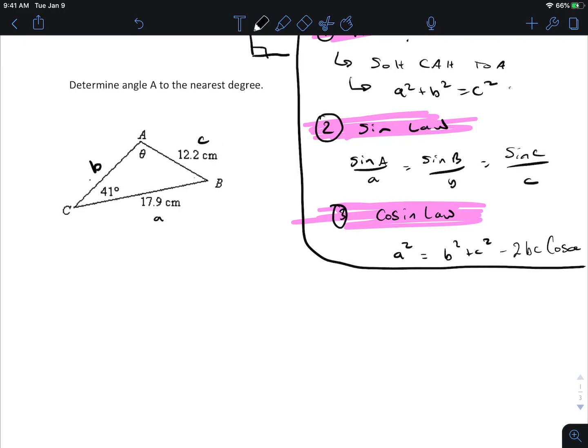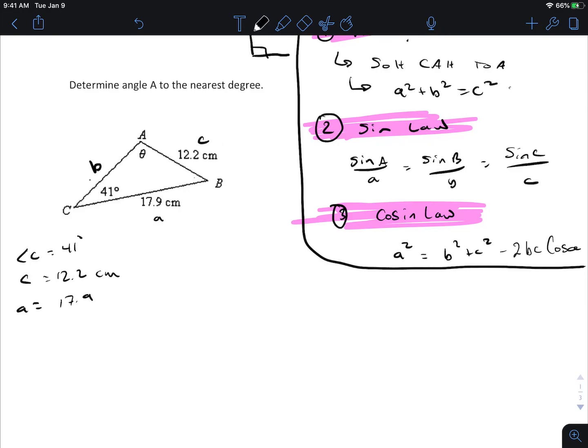I know angle C. It's equal to 41. I know side length C. It's equal to 12.2 centimeters. I know side length A, 17.9.